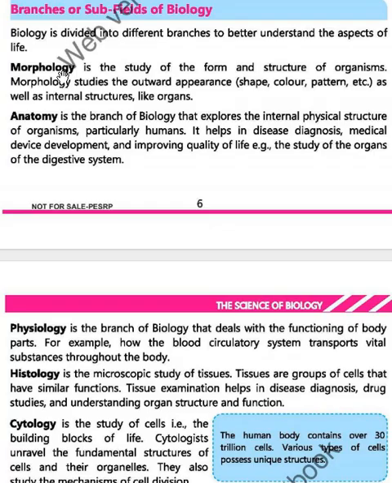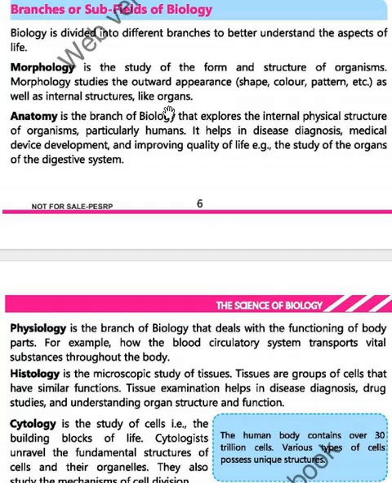First one is morphology. Morphology is the study of the form and structure of organisms. In morphology, we study the shape, structure and form of living things, both plants and animals. Morphology studies the outward appearance, shape, color, pattern, etc., as well as internal structures like organs.